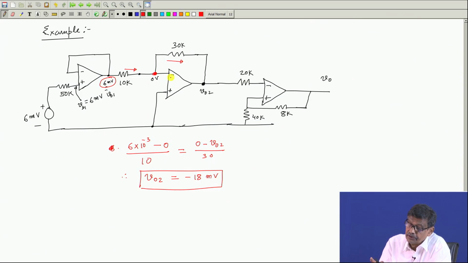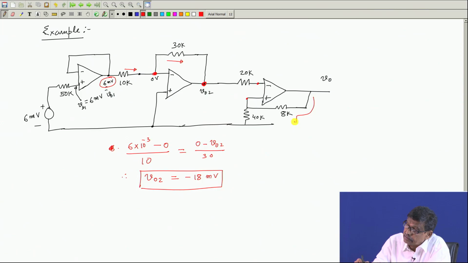What is V naught 2? Potential of this point is known. Then if I know the potential of this point and if this is an ideal op amp, so if this op amp does not take any current, this V naught 2, minus 18 millivolt, will appear here, and there will be no current here.